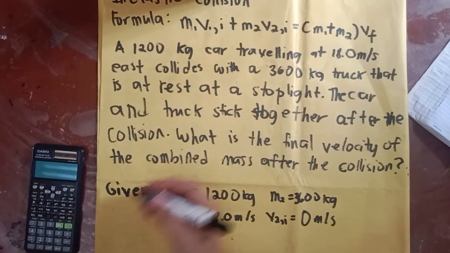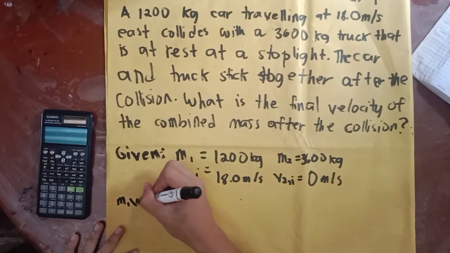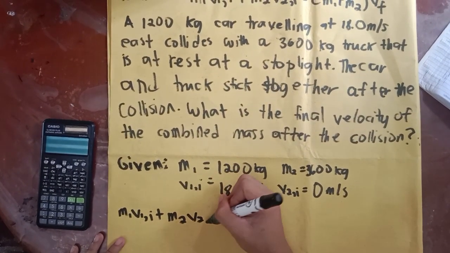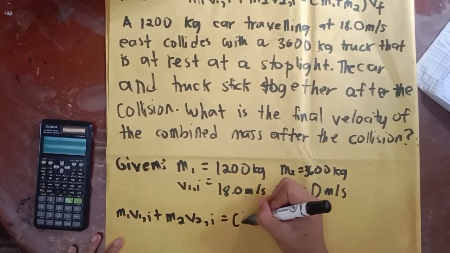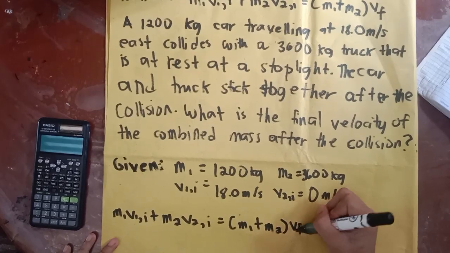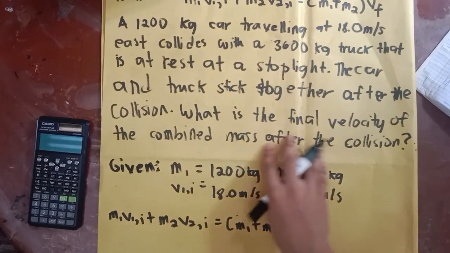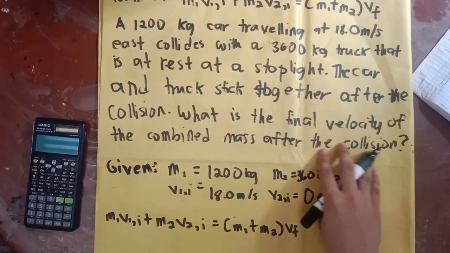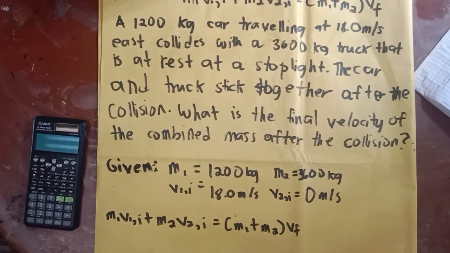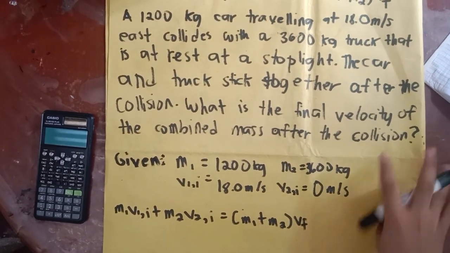So let's write the formula. M1 V1I plus M2 V2I is equal to M1 plus M2 times VF. Since the unknown here is the final velocity of the combined mass after the collision, we need to find the final velocity after the collision.